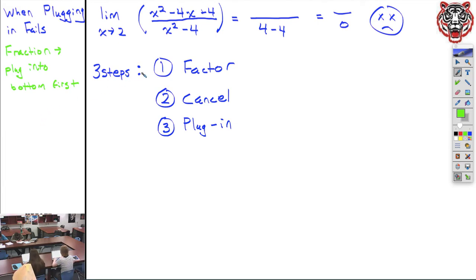All right, so what I want to do now is to go through these steps. Ben, factor the top; Arrow, you're going to factor the bottom. I still have to rewrite the limit as x approaches 2 from both sides.